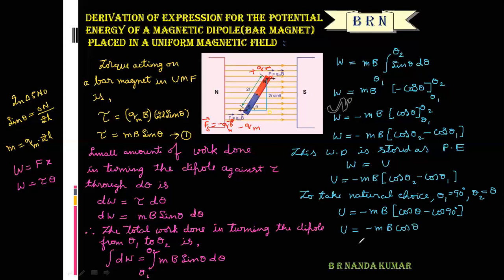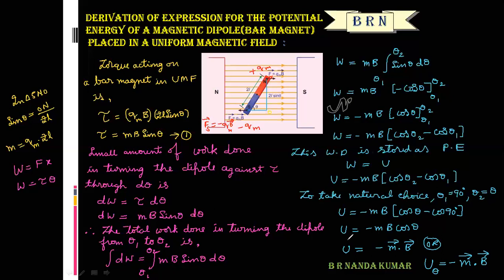So in vector form, this equation can also be written in the form of U is equal to minus m vector dot B vector, or in other words, U of theta is equal to minus m vector dot B vector.